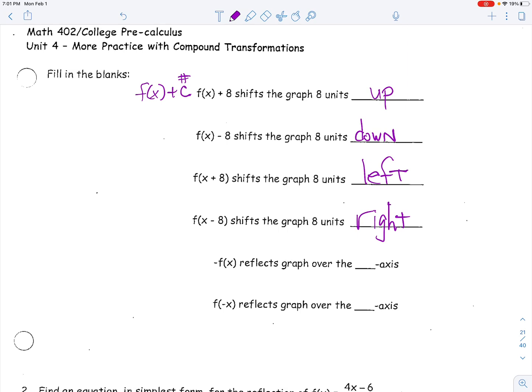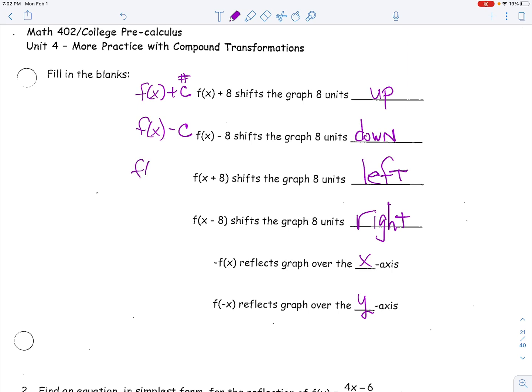And now we have negative f of x here, which is negative y, which is a reflection in the x-axis. And f of negative x, it's just the x getting negated. That is a reflection in the y-axis.